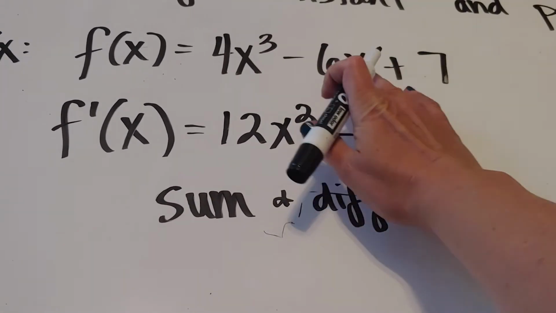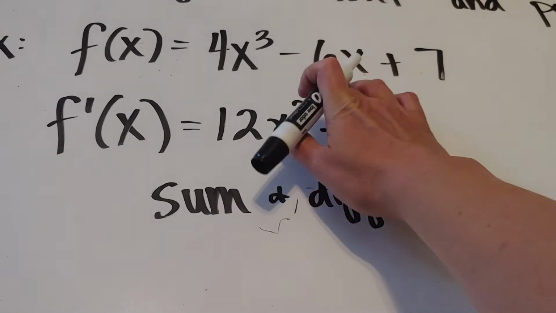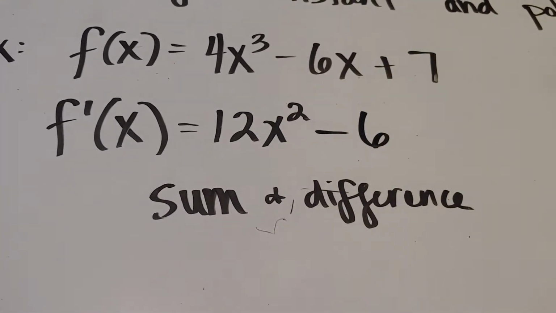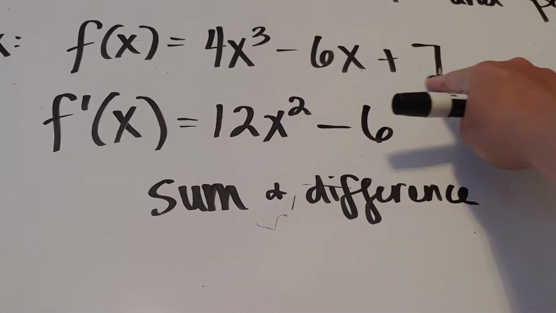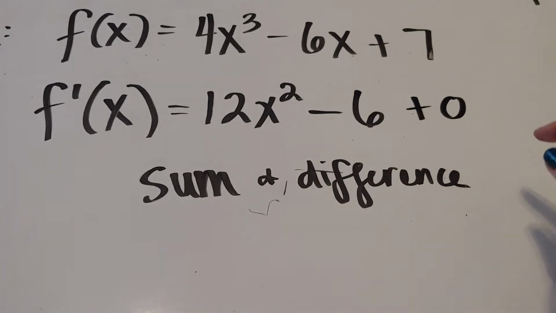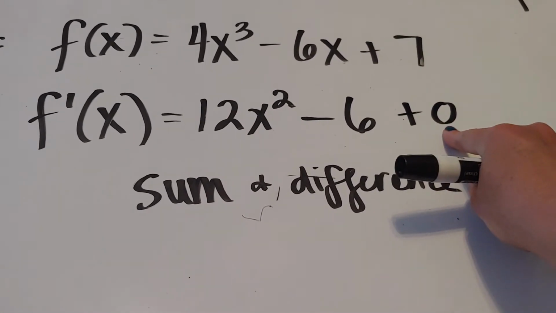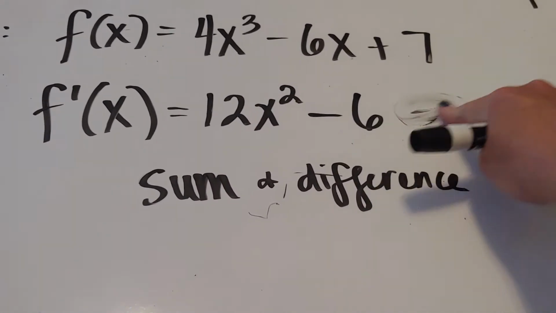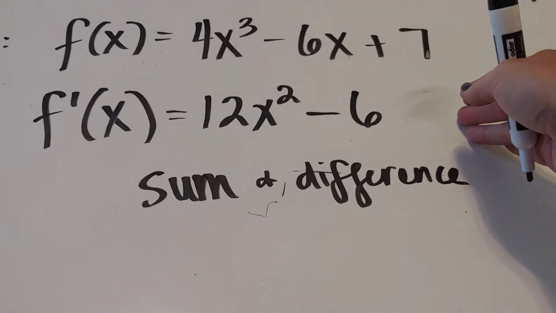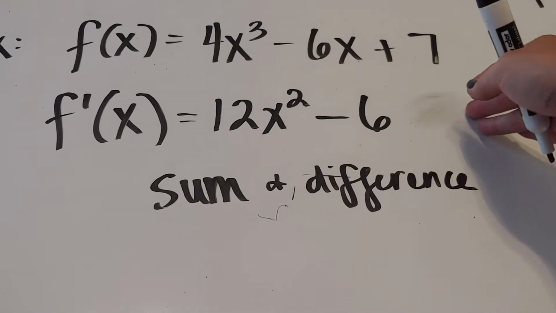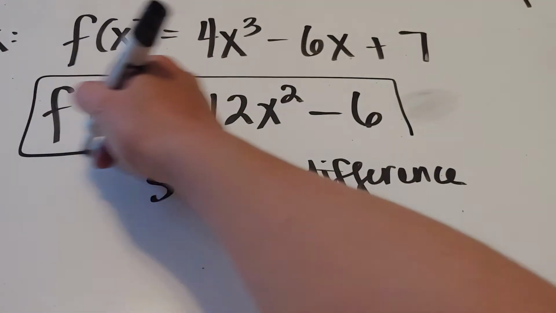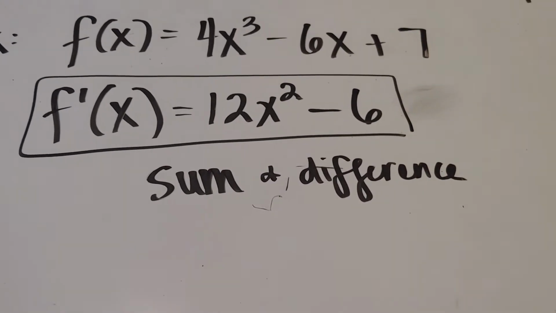The derivative of 6x is just that 6, but with a minus sign in front. And if I have a number without any x's, the derivative of that is 0. You'll see in my notes that I write plus 0, but technically, that's it. I just write plus 0 in my notes so you know I went through the action of taking the derivative and it disappeared. So that is the derivative of this function.